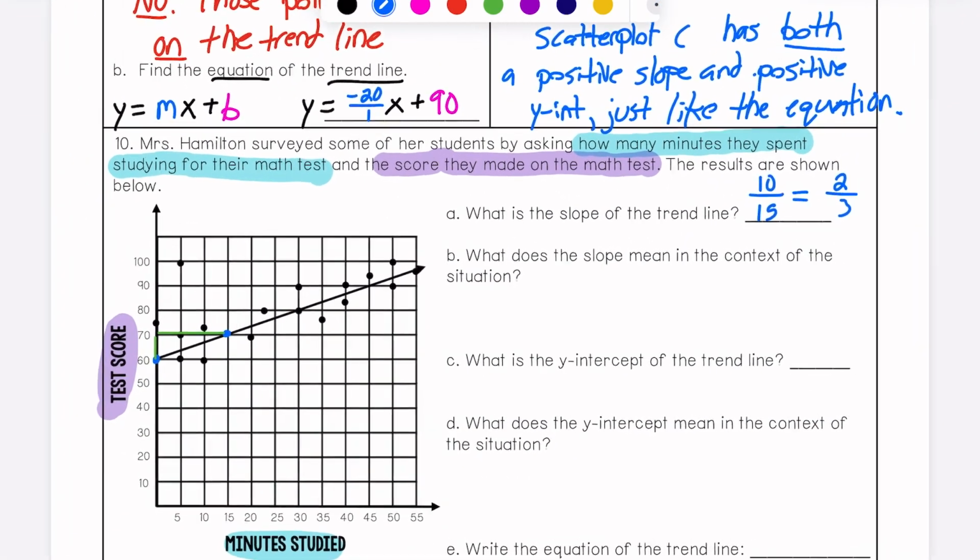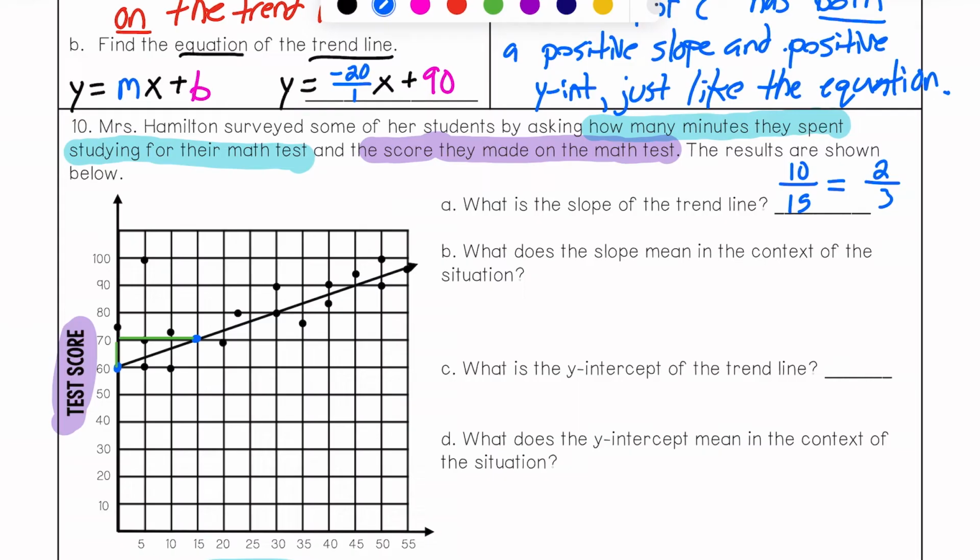Now for part B, what does the slope mean in the context of the situation? You have to remember when we're doing real life situations, traveling up and to the right or down and to the right means something. So going up to right 3, the up number had to do with the test score, and the to the right number had to do with the amount of minutes.